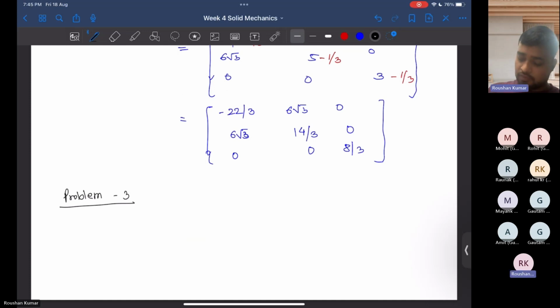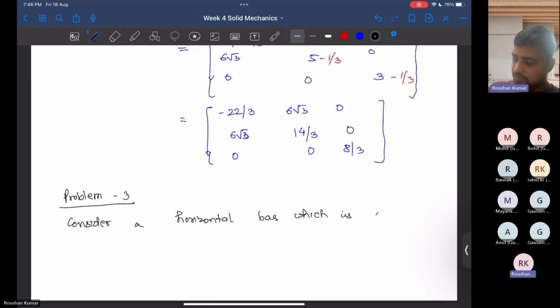The question is, consider a horizontal bar which is stretched by the application of an axial force.